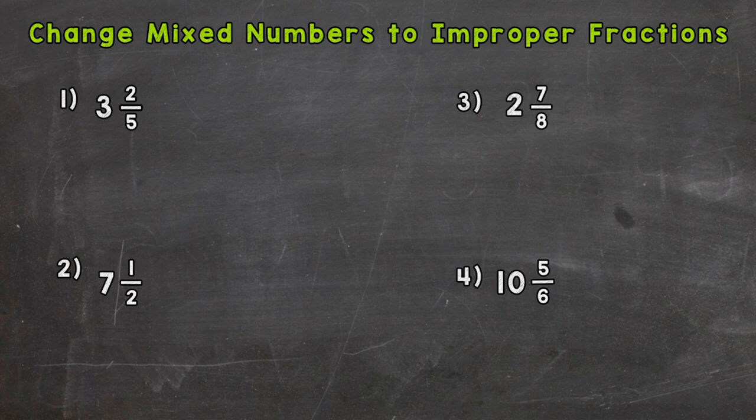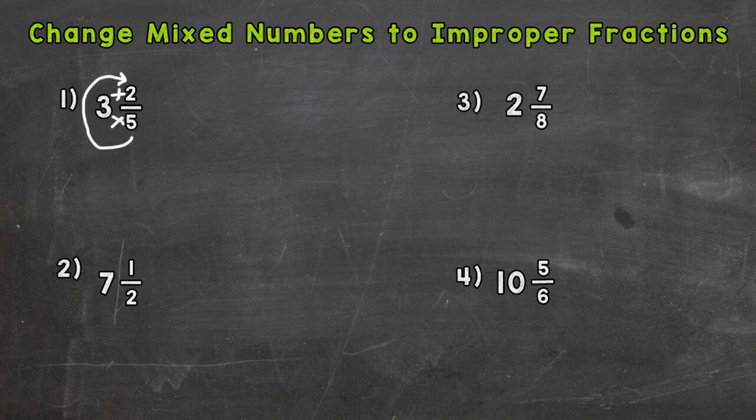And we have 3 2/5 here for number one. So we're going to change that again to its improper fraction. So what we need to do, I call it the C method. We're going to start at the bottom here and we're going to come around. We're going to multiply the denominator, the 5, times the whole number and then add the numerator.